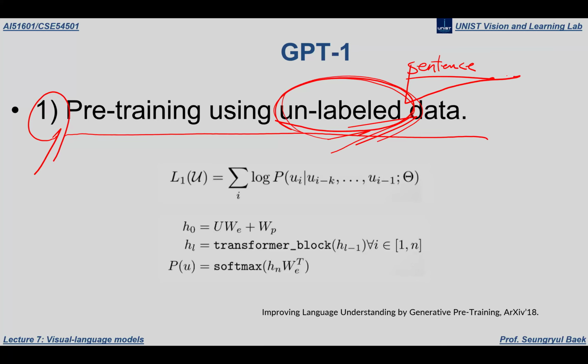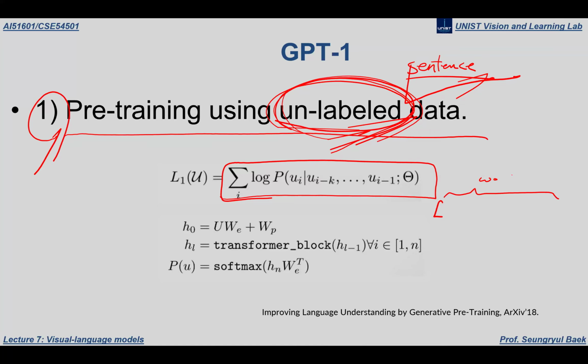Okay, they want to train a big transformer-based architecture using unlabeled data, exploiting information inherent in the sentence. A sentence is composed of multiple words, okay? If the length of the words is K, then you will have K words.